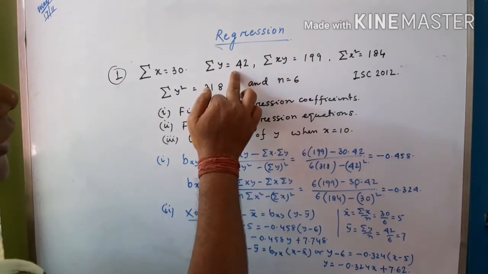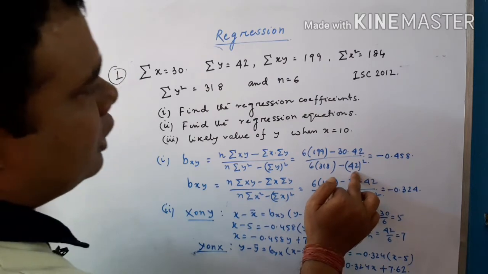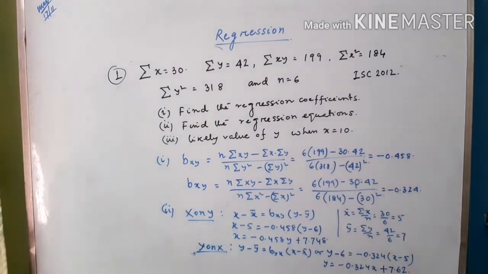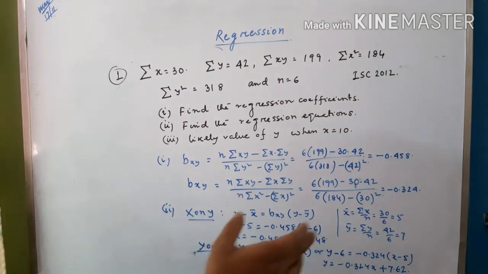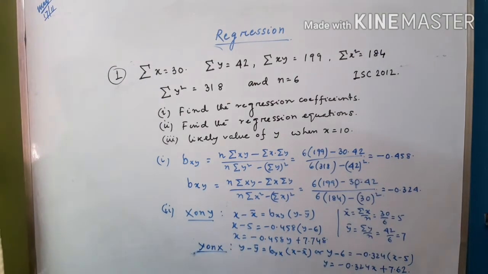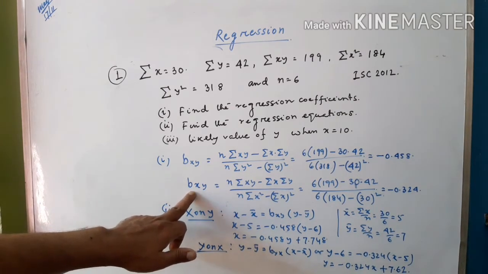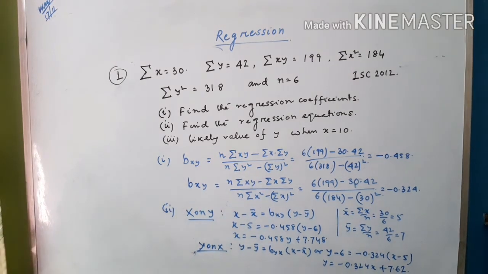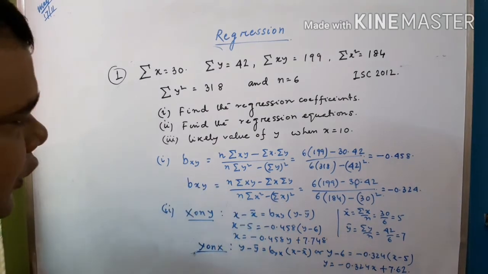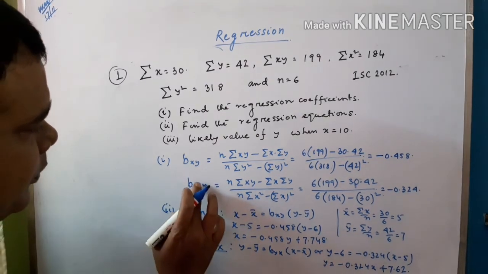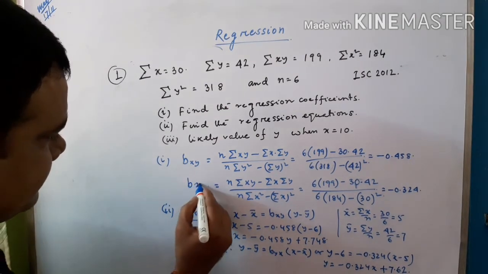Sigma y is 42, therefore 42 whole square. After calculating, I am getting minus 0.458. Similarly, you can see that another regression coefficient is byx.